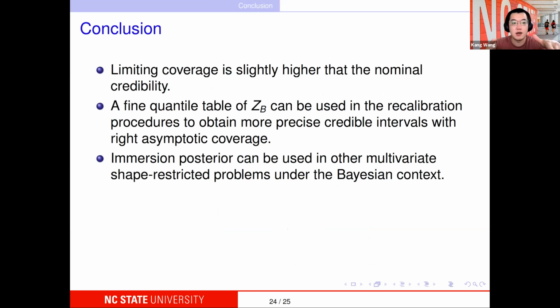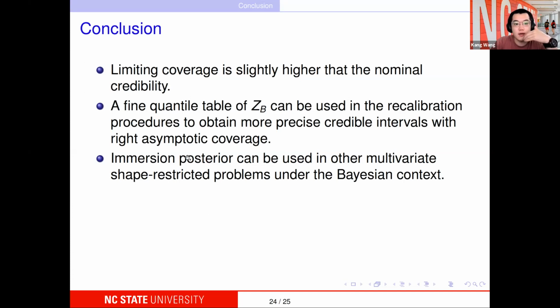Some conclusions are here. The limiting coverage is slightly higher than the nominal credibility. This is not very easy to obtain in the parametric Bayesian literature, because we have the Cox phenomenon, which states the coverage can be arbitrarily close to 0 in some models.